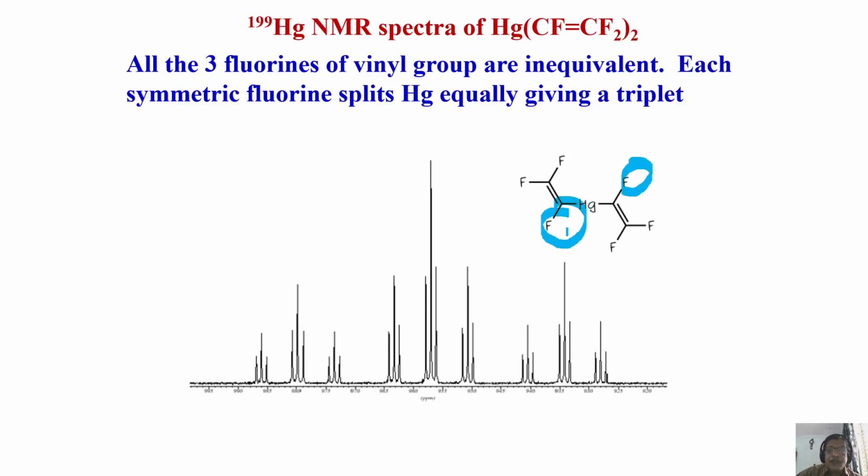So if this is coupled to this and this is coupled to this by the same coupling strength, what pattern do you expect? I told you it has to be a doublet of doublets, the central 2 lines overlap, and you get a triplet. So that is what you are going to observe.